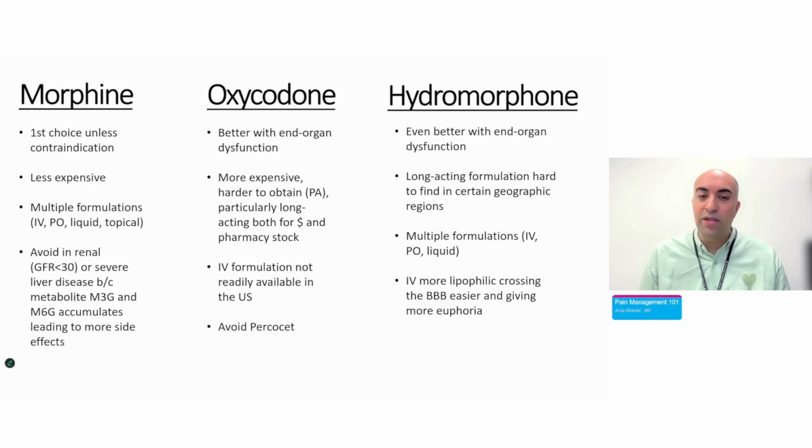Oxycodone is a common one that you might see in surgical or oncologic practices. It's usually not the one that I reach for first because it straddles this line between morphine and Dilaudid or hydromorphone. It's often just based on recent history and cultural or stigmatizing experiences in the news.